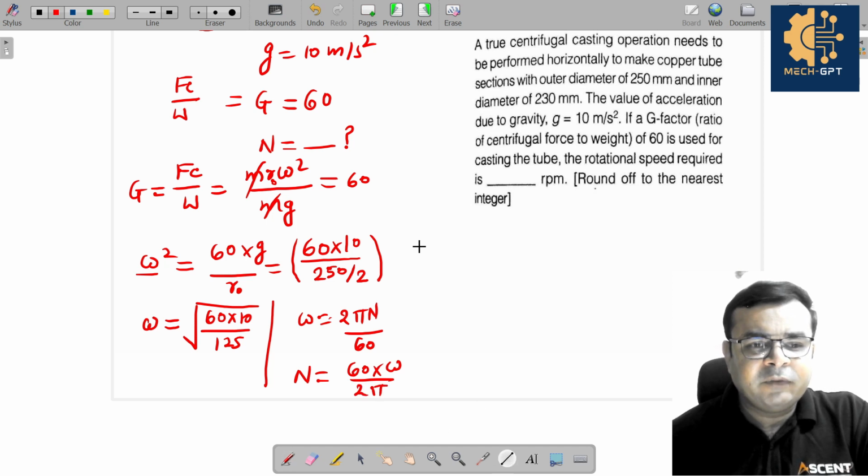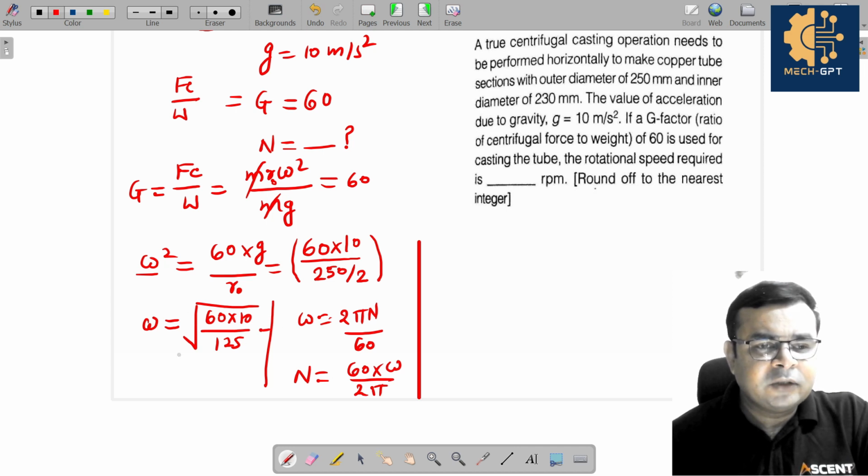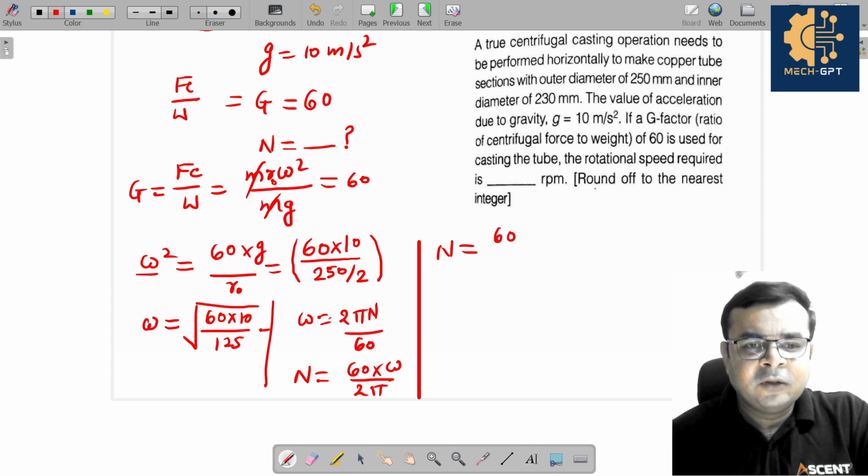If we put this omega value in this expression, we get N is equal to 60 into the square root of 60 into 10 over 125, over 2 pi.